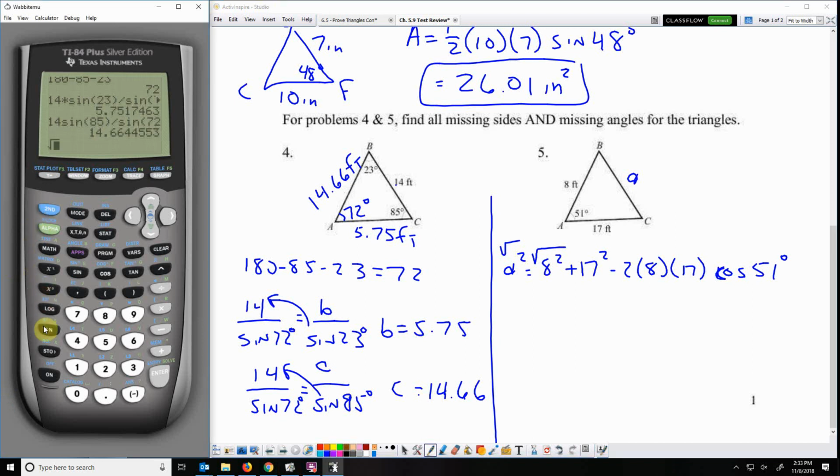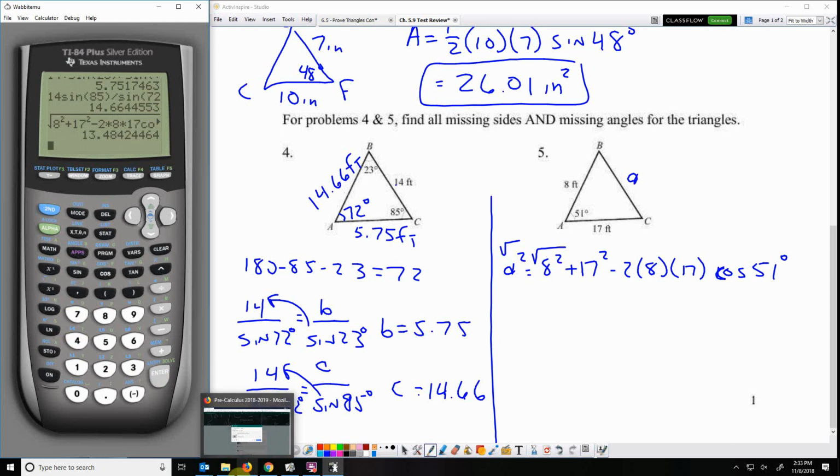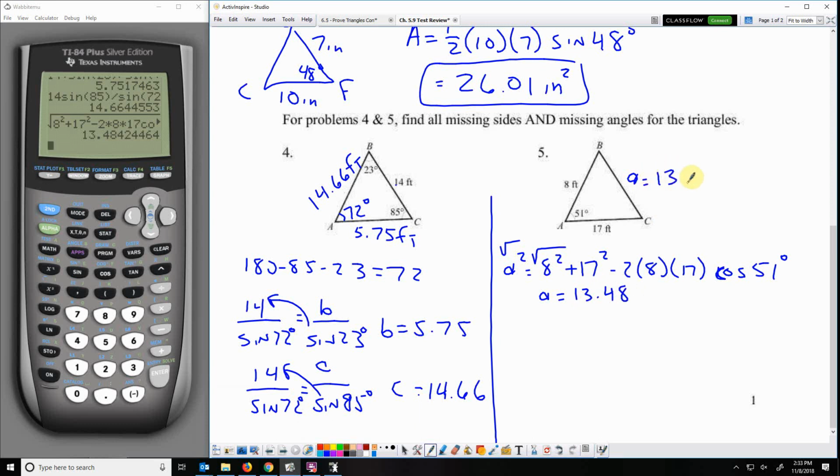So I don't use plus or minus here. So the square root of 8 squared plus 17 squared minus 2 times 8 times 17 times cosine 51. And I get 13.48. So that is the missing side, 13.48 feet.